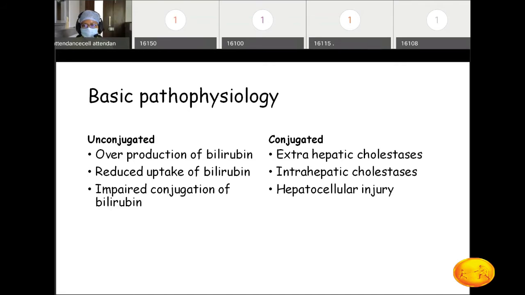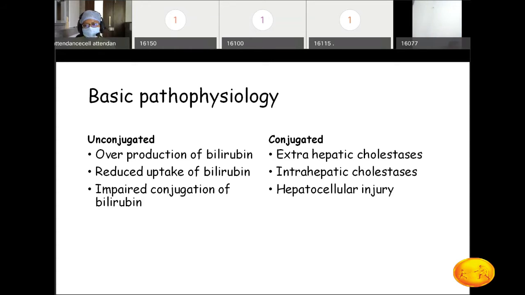For the conjugated, extrahepatic cholestasis, you will get some obstruction to the bile flow in the extrahepatic part. So the extrahepatic part is your bile ducts. Anywhere in the extrahepatic part of your biliary tree or your intestines, if there is some obstruction to the bile flow, that is labeled as extrahepatic cholestasis. You might get some obstruction to the bile flow within the liver.